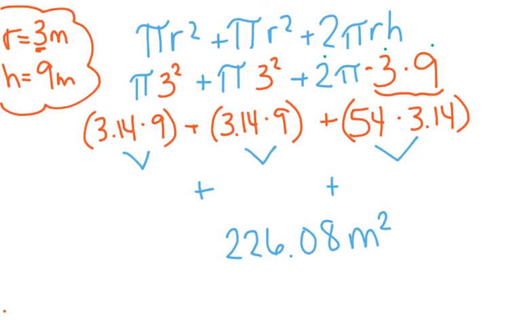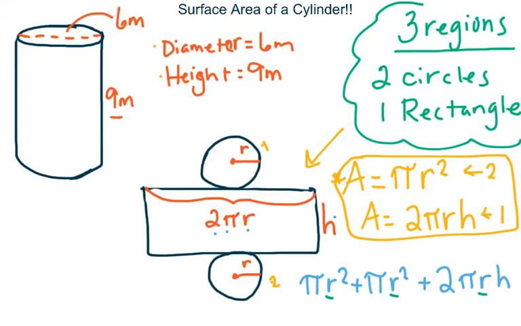So, a quick review here. We have a cylinder over here with the height of 9 and the diameter of 6. We have 3 regions: 2 circles and a rectangle.